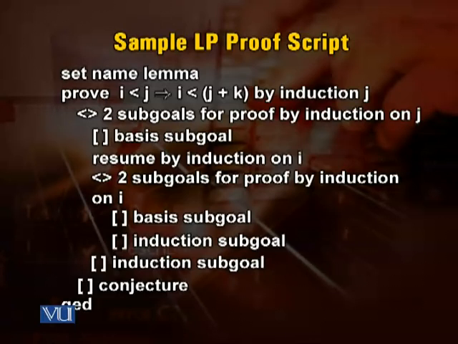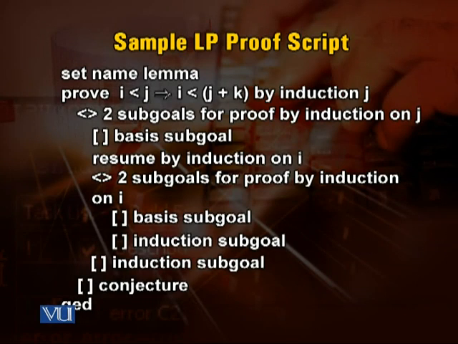Here is the rest of the proof. We have the set name lemma. Now we are getting into the proof. Prove I comma J implies I is less than J plus K. This was the implication that we wanted to prove. By induction on J. So we are saying do it by induction. Then we have this sort of a diamond, less than greater than.